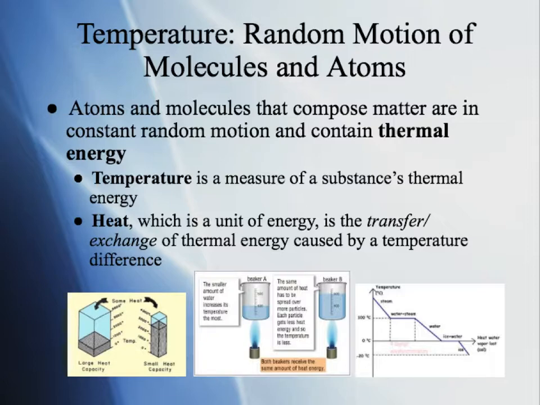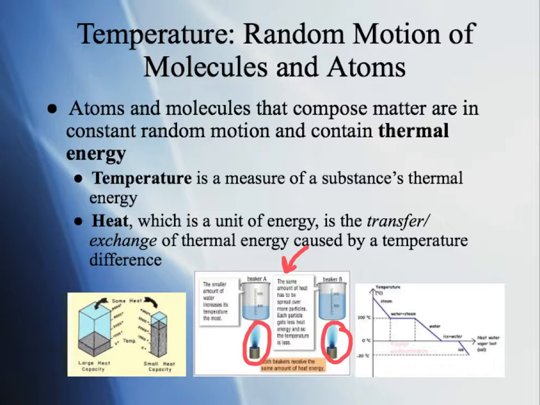So if we take a look at this example, this middle picture, we have the same amount of heat being produced, or the same amount of heat transfer going from the Bunsen burner to the water in the beakers.